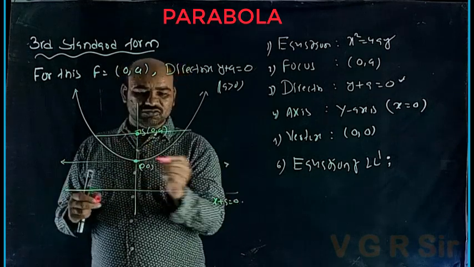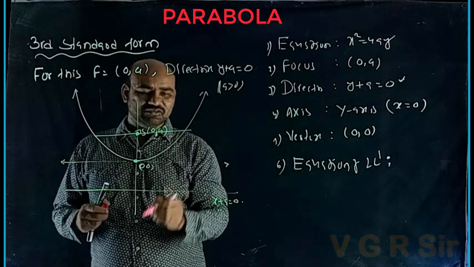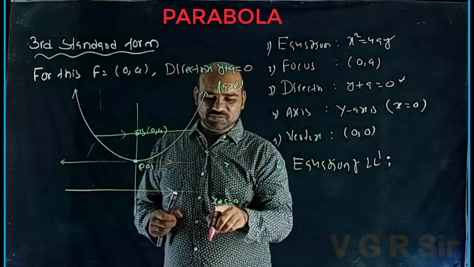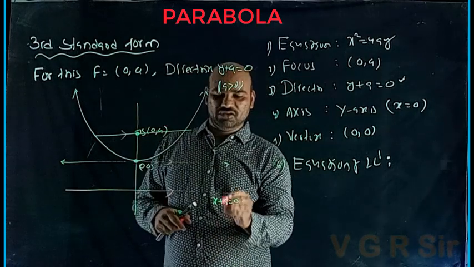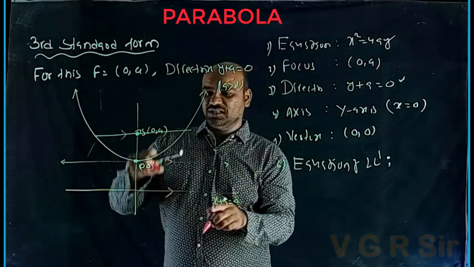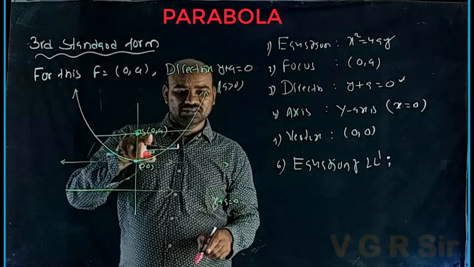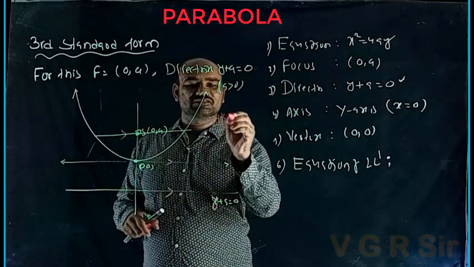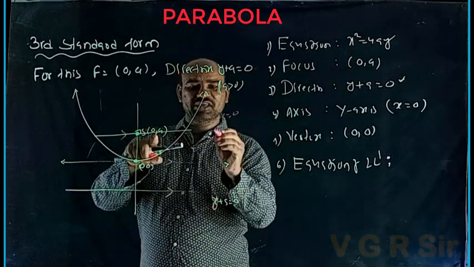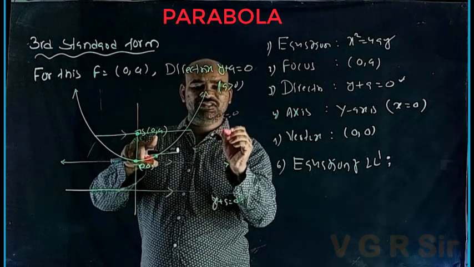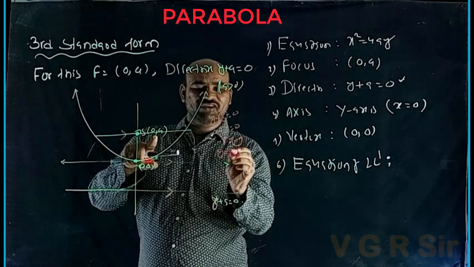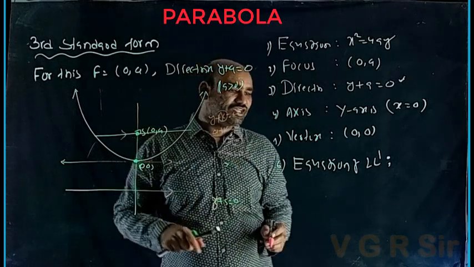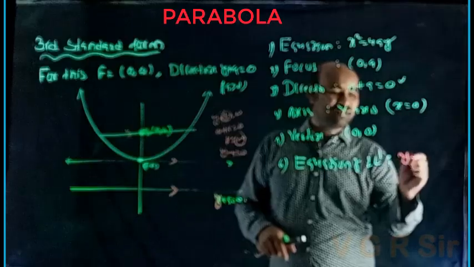This is parallel to the directrix. The directrix is also in the form y plus a equal to 0 only. So y plus k equal to 0, passing through 0 comma a. So a plus k equal to 0, k equal to minus a, substitute here. So what will we get? Y minus a equal to 0. That's why the equation of latus rectum is y minus a equal to 0.